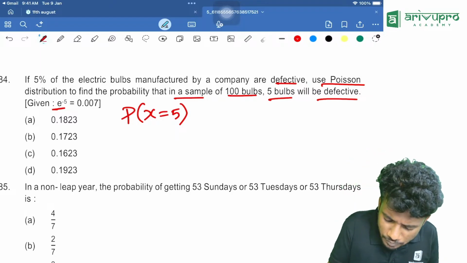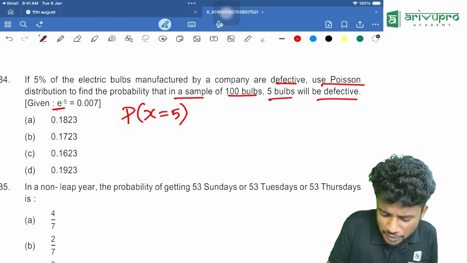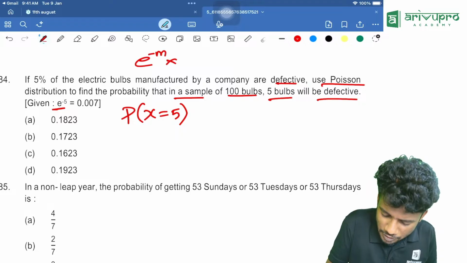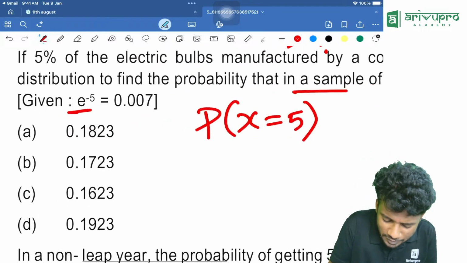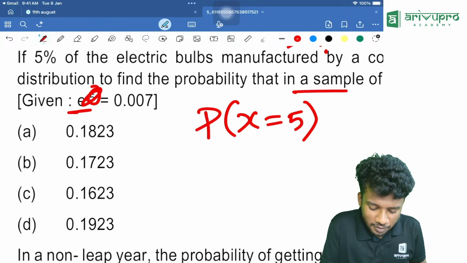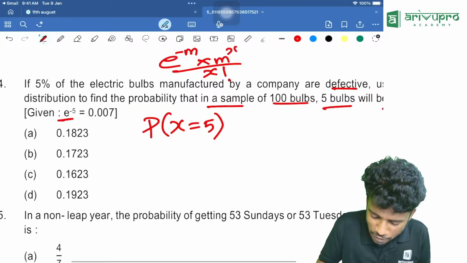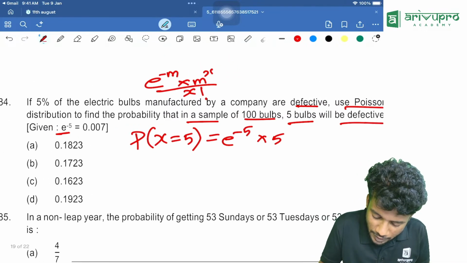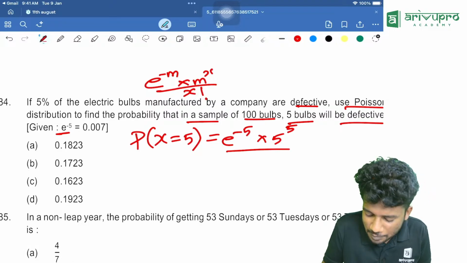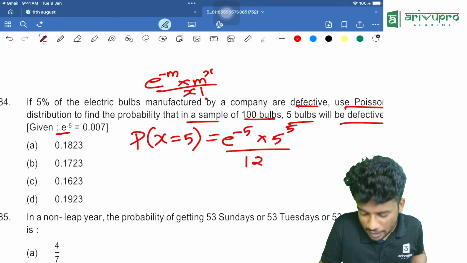Now here, what is the formula for Poisson distribution? e raised to minus m into m raised to x divided by x factorial. Now looking at this, we can directly say that the m value is how much? 5. That means it is equal to e raised to minus 5 into 5 raised to x, the x value is how much? 5 itself, divided by 5 factorial, which is how much? 120.